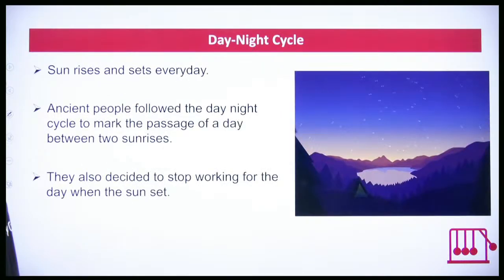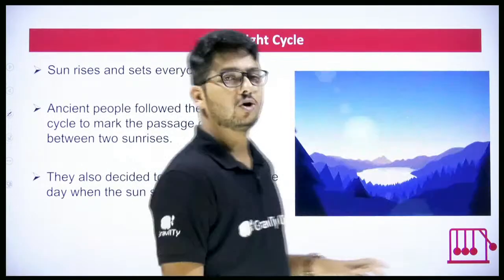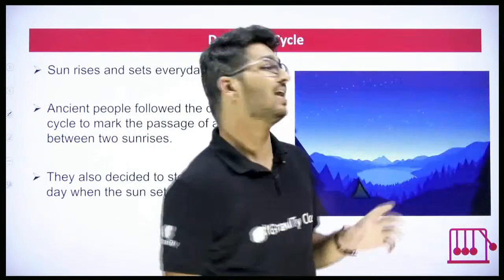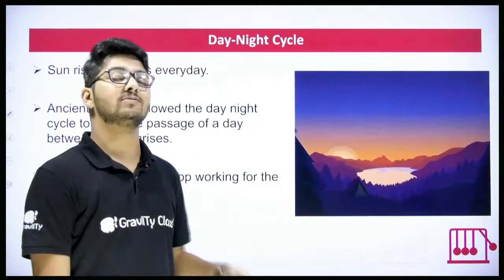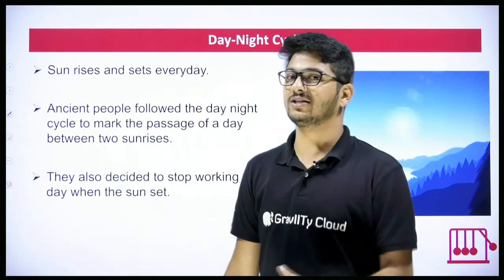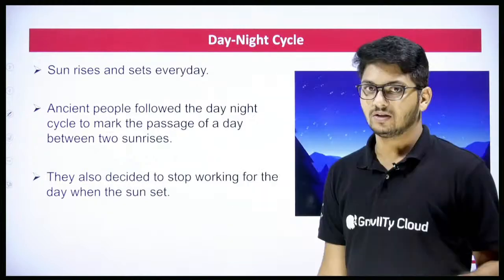Now the first thing that people could observe is the day and night cycle. It happens every day, so time can be measured in terms of it. I told you, what is time? The interval between two events. You can say from day to night is one time interval, and from night to day is another.